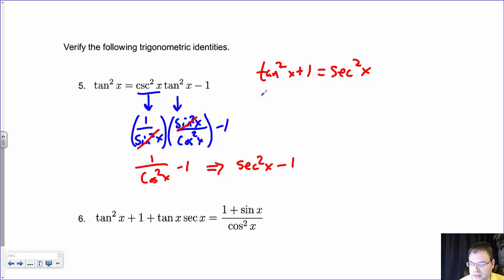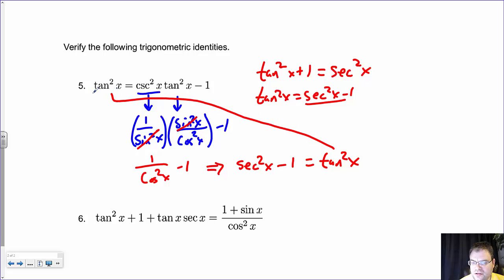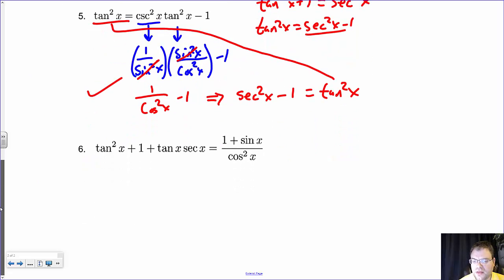So if I subtract 1 from both sides, it's going to tell me that the tangent squared x is actually equal to secant squared x minus 1. But this happens to be what I have here, and this is equal to tangent squared x. It's a trig identity itself, so this is actually equal to the answer that I wanted. So this is the actual solution right here. We're really done with this. That's all there is to it.